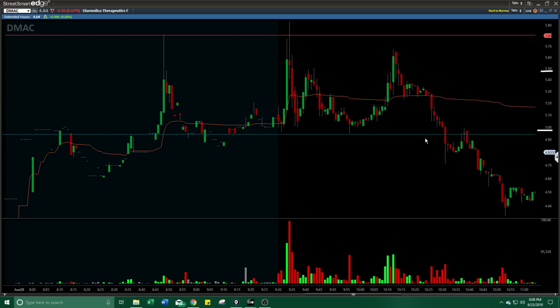With DMAC, we see here pre-market, this blue shaded area here, it popped all the way up to $5.80 right here. And when it pulled back, it pulled right back to this $5 area here, a mental area.